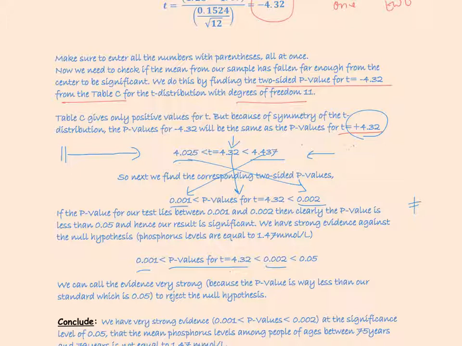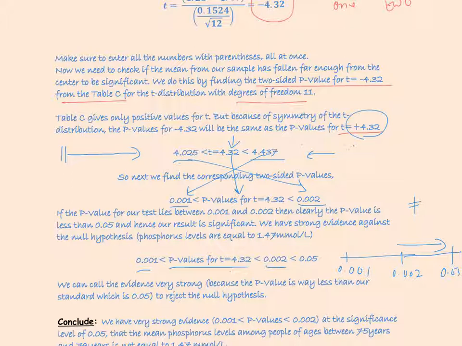So clearly these numbers are small enough. This is 0.001 on the number line, and this is 0.002 on the number line, and clearly 0.05 lies to the right of these two numbers. It's much greater than.